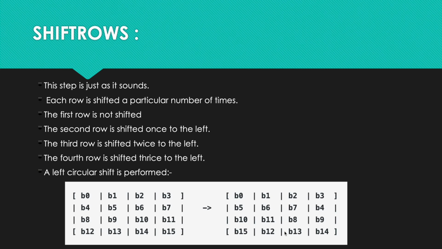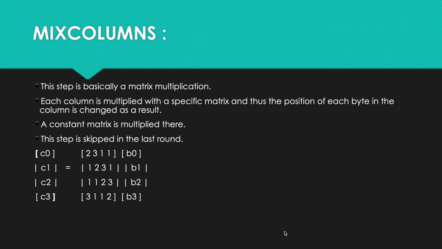Shift rows. This step is just as it sounds. Each row is shifted a particular number of times. The first row is not shifted, the second row is shifted once to the left, the third row twice to the left, and the fourth row thrice to the left. A left circular shift is performed in the below given example.